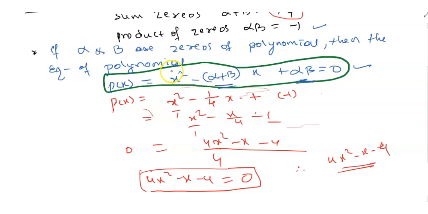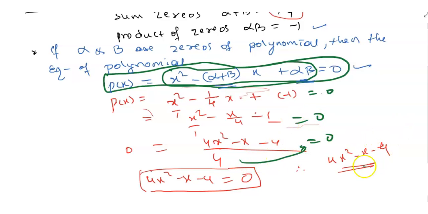You can write a quadratic polynomial in this form, if it is equal to 0. I equated it with 0, so I got this. Here 4 into 0 is nothing but 0, so it will be 4x square minus x minus 4 is equal to 0. Here you are going to have p of x. So this is p of x.